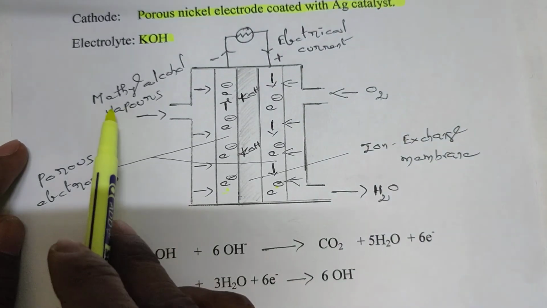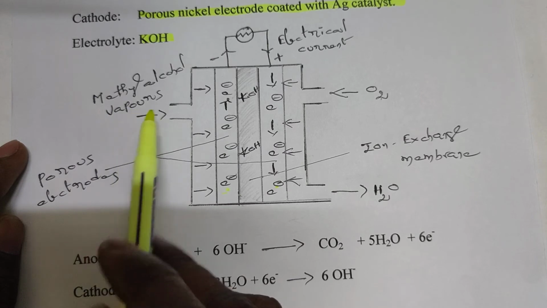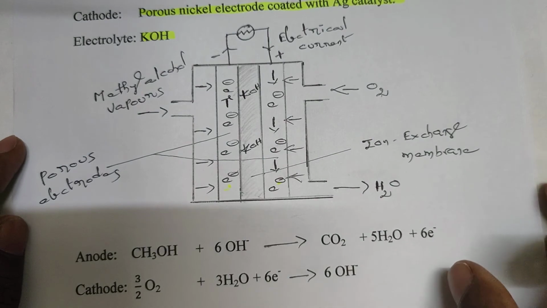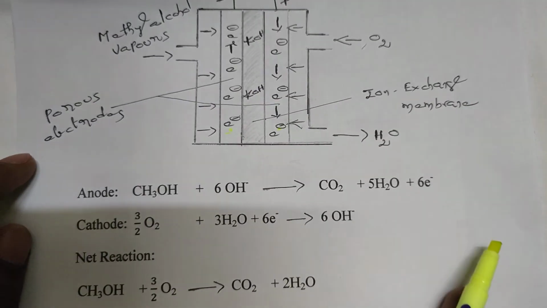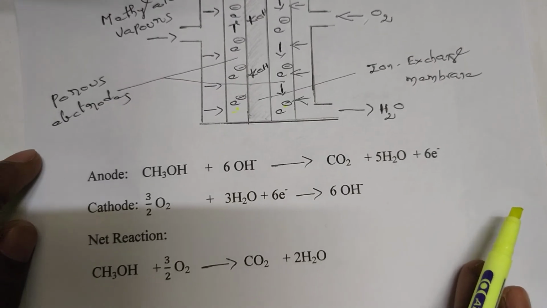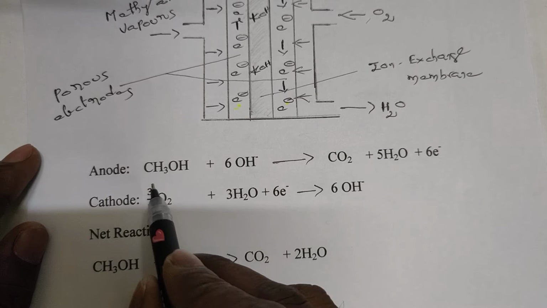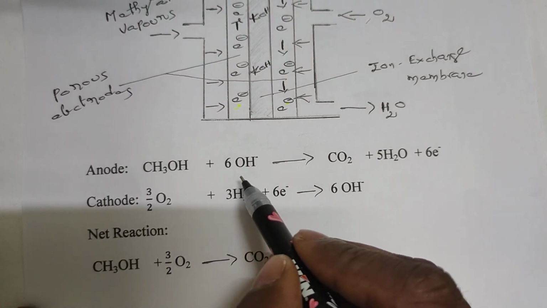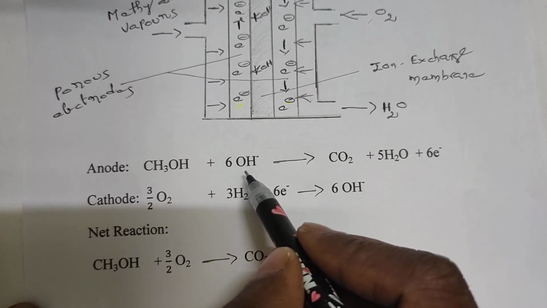Here from the left side we pass methyl alcohol vapors, or methanol vapors, and from the right side we pass oxygen gas. Then there is a chemical reaction between these two. So what is the anodic half cell reaction here? CH3OH methanol plus 6OH minus, since the electrolyte solution is KOH, so it reacts with OH minus ions present in the electrolyte solution.